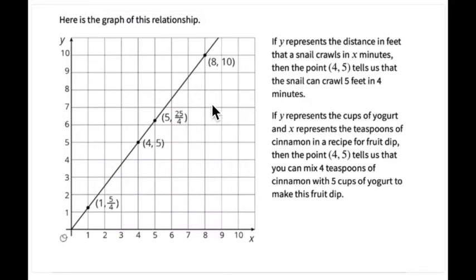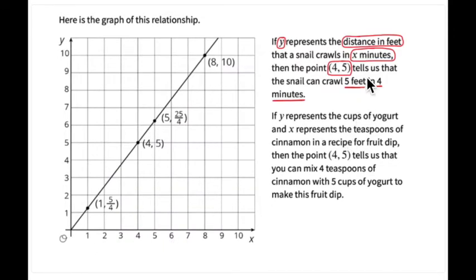If this graph, in one story, is going to represent the number of feet that a snail crawls over time, the two properties are going to be distance in feet and time in minutes. And what connects those two properties is that constant of proportionality. It is the number of feet per minute that the snail crawls.